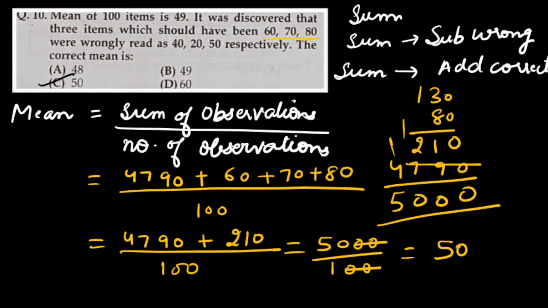And then you will be able to find the mean. That's what we did. First of all, we found the sum was 4900. The wrong observations 40, 20 and 50 we subtracted from the sum. We got 4790. In this sum we added the correct observations, which are 60, 70 and 80, and we found the mean.